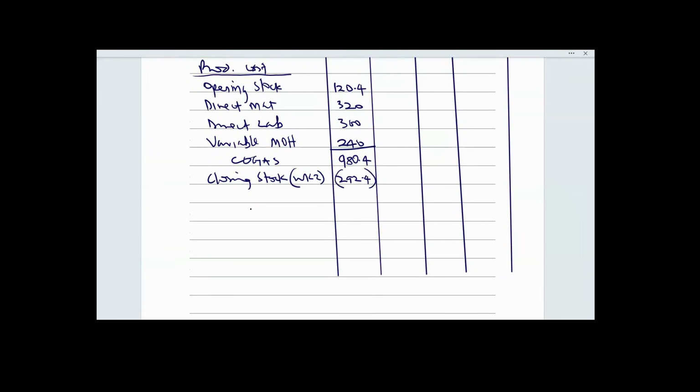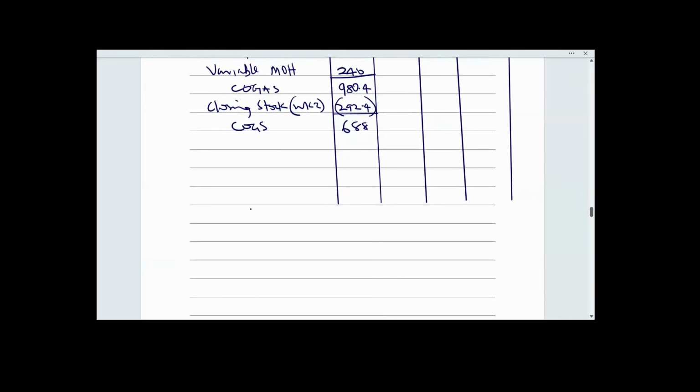So what's the difference? 688. This represents cost of goods sold. We are using marginal costing technique, so you need to add variable non-production cost.